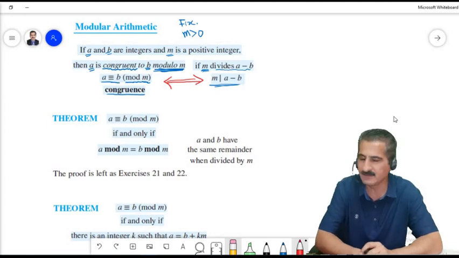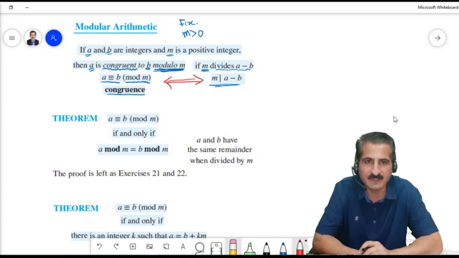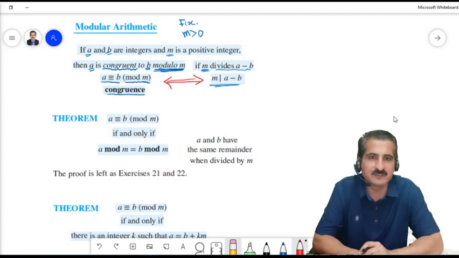So two integers are congruent modulo M if the distance between them is a multiple of M.